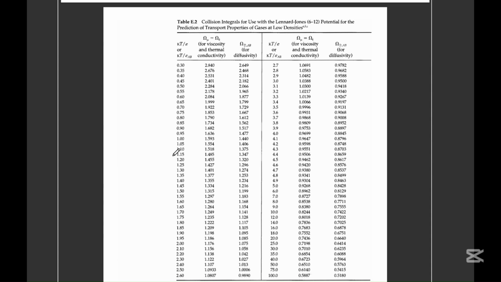Then whatever value we get, for example if we get 1.2, we will get the value for the collision integral, that is omega mu and omega k, as 1.455. In case we get kappa upon epsilon times T as 1.23, then we need to interpolate the value slightly for the collision integral, and hence we can get the collision integral value which we can further use in the question.